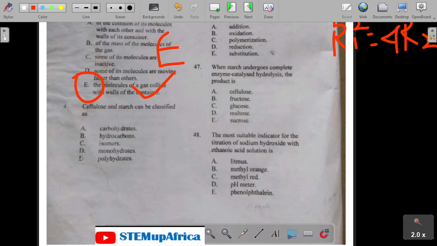Isomers, no. Then polysaccharide, yes, the answer should be polysaccharide.